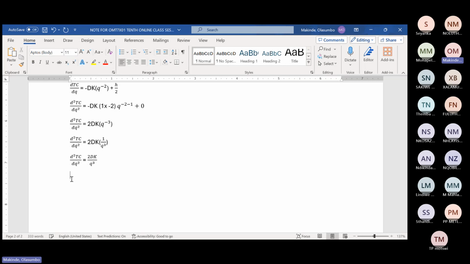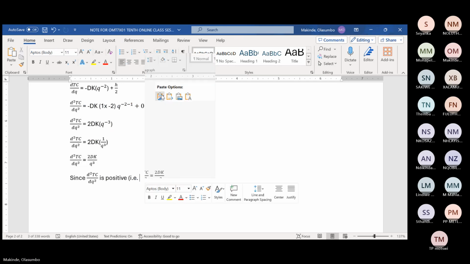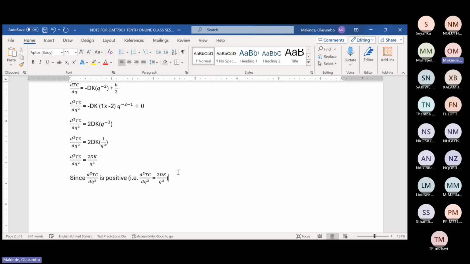So since d squared TC over dQ squared is positive, that is giving you this result, which is positive. That is, this equals this.